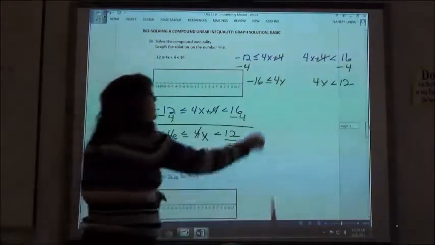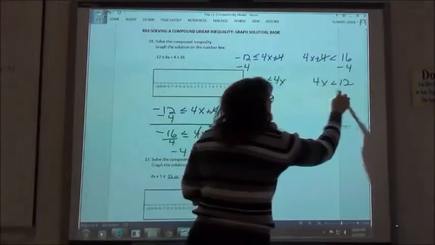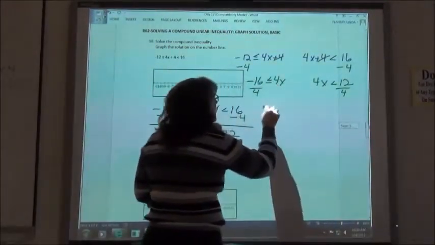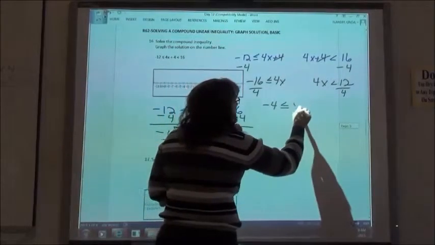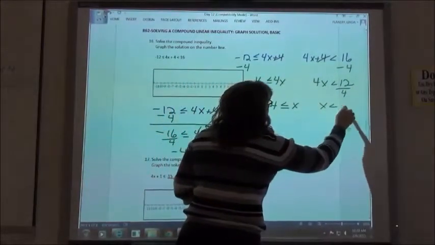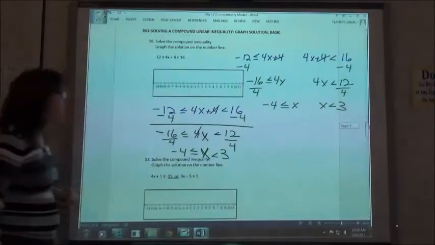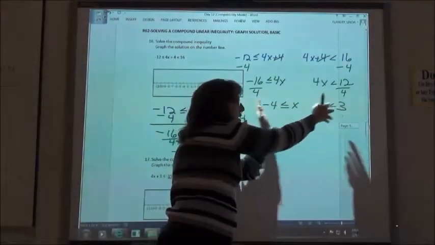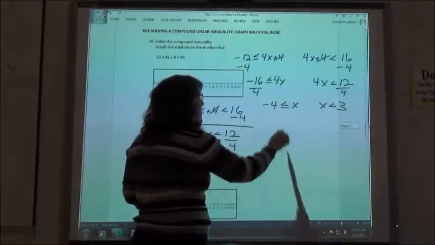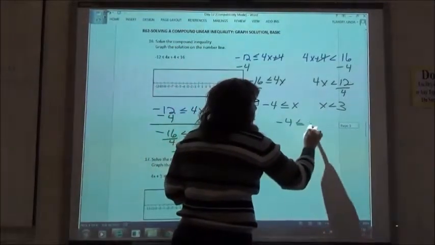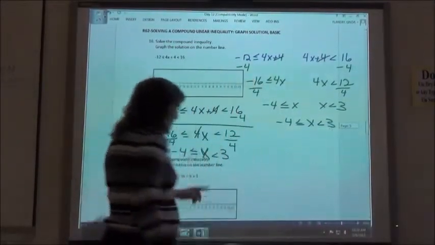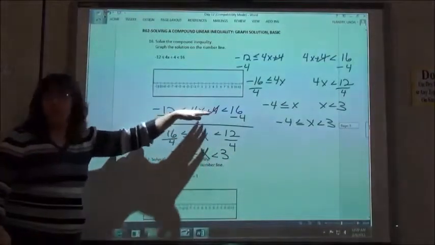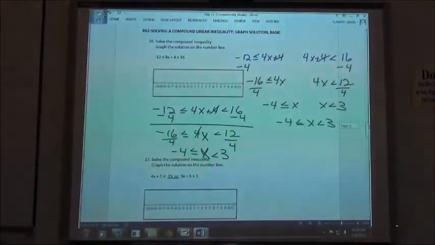Same thing I would have got over here. If I would have separated them into two problems, I would have ended up putting it all back together, which is the same thing I got when I just worked the whole thing at once.